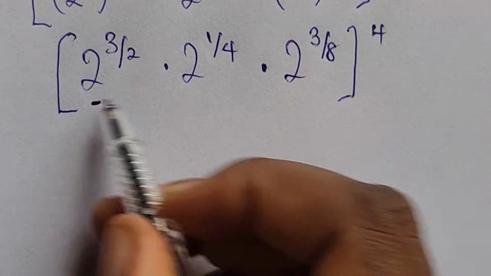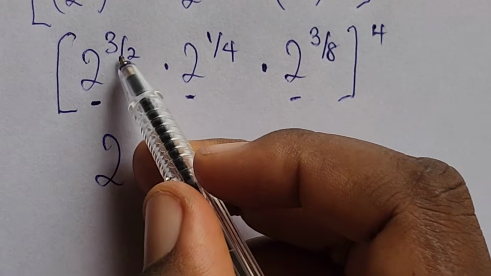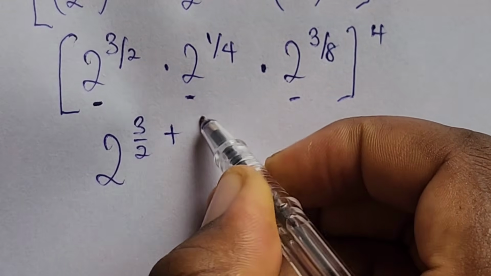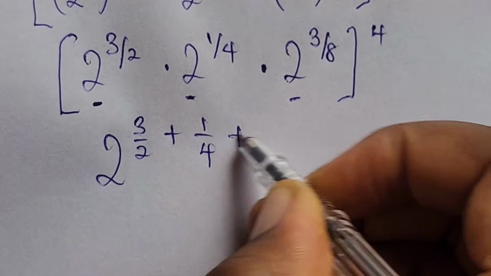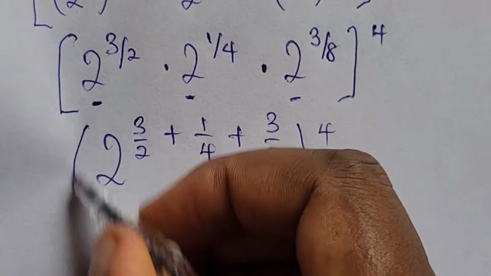So we have the same bases here as 2. So we have 2 to the power of, adding up the powers here, we have 3 over 2 plus 1 over 4 plus 3 over 8, all to the power of 4.